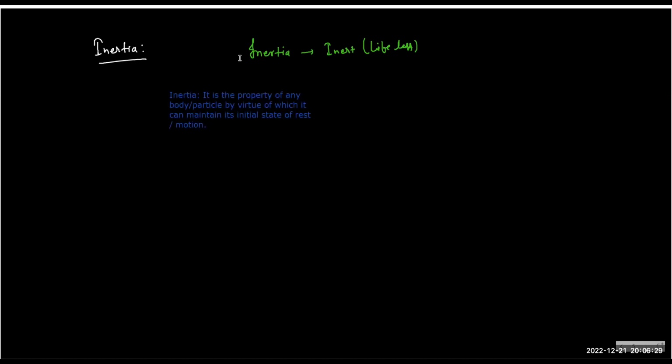So how many types of inertia do we have? Generally there are two types of inertia, rest and motion, but there is still more sub-classification. The types of inertia we can say: the first is inertia of rest. Second, inertia of uniform motion.